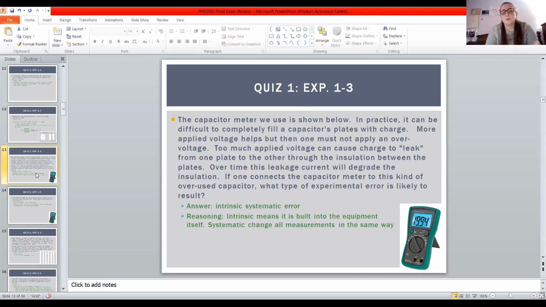Make sure you review Appendix F, those resistor color codes, the capacitance codes, because I make mistakes too. The tolerances of your multimeter, all of that can be found in Appendix F. So make sure you're familiar with that.